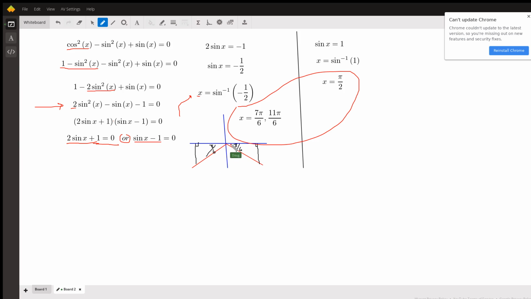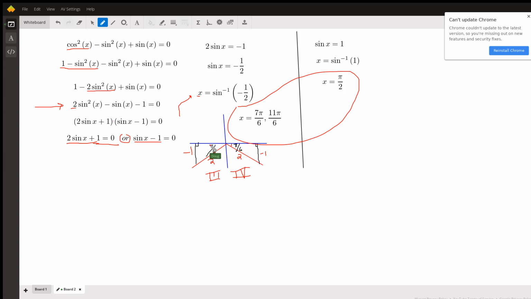We know that reference angles that have a value of pi over 6 or 30 degrees have a sine of 1/2, and sine is negative in the third and fourth quadrants, and that's because the y values are negative. Hypotenuse is 2.